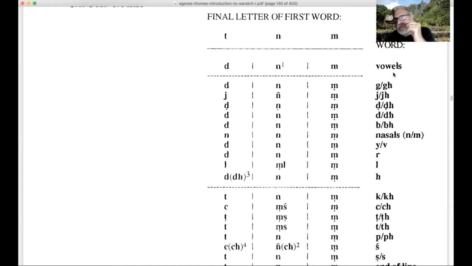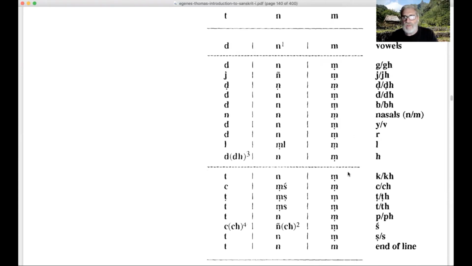Now, when it becomes Anuswara, however, when a consonant comes after it, any consonant, and also down the bottom he says end of a line. End of a line means that there's a danda, a punctuation mark in Sanskrit, either one danda or two dandas, vertical lines, which shows that you should take a breath at that point, very much like a comma or a full stop in English text.